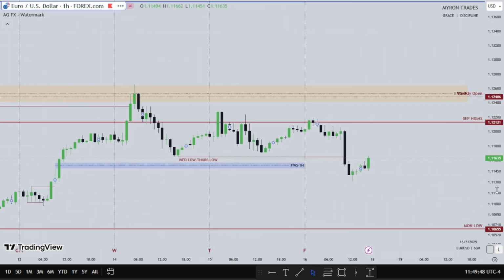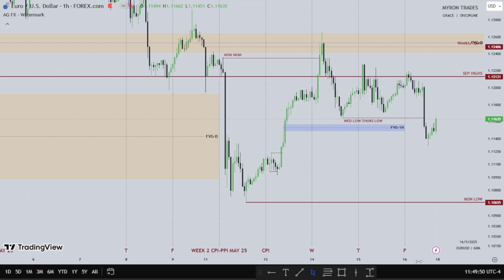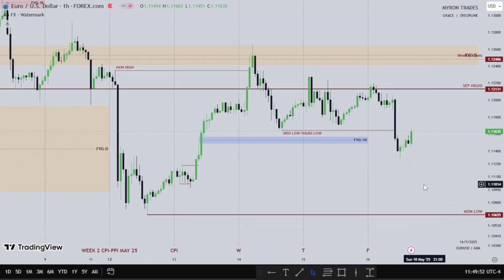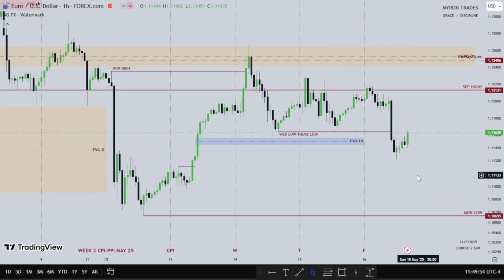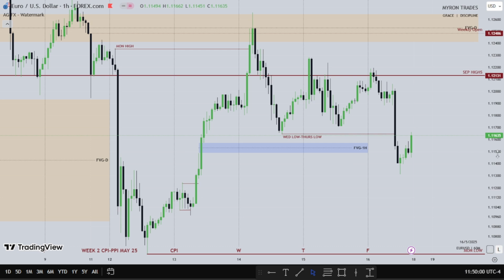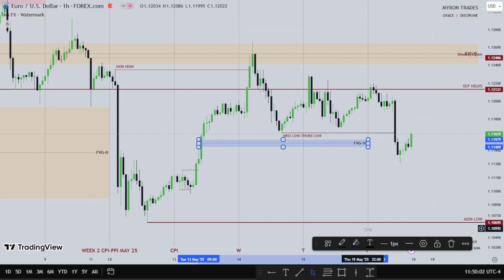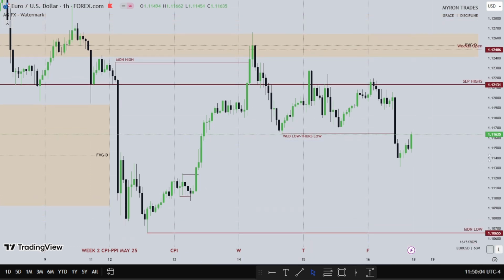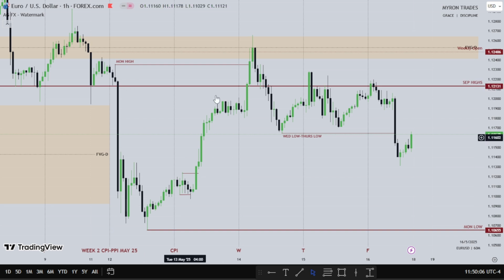So this is the euro on the hourly time frame, how the euro expanded for the week. This is Monday, Tuesday, Wednesday, Thursday, and Friday.